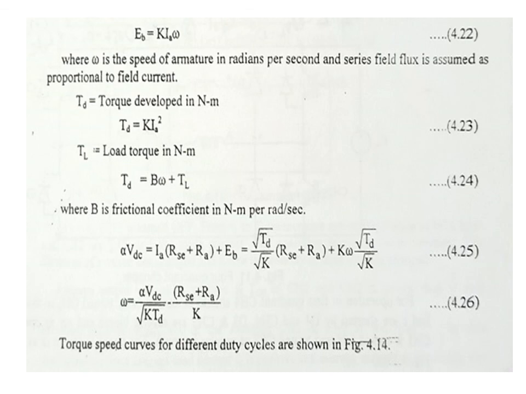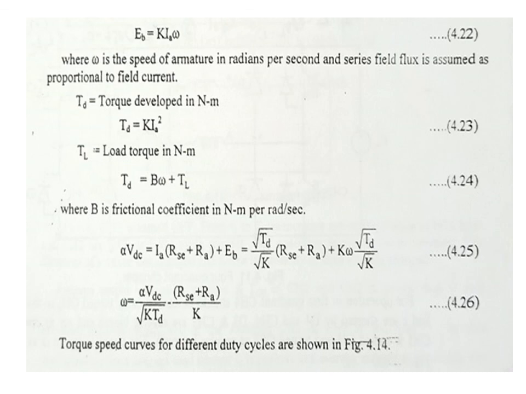There the control was done with the help of firing angle alpha, but here, if we take the chopper as a controlled converter, all the control can be done with the duty cycle of our chopper circuit. So if you vary the alpha, consequently the voltage varies, and consequently the speed varies.